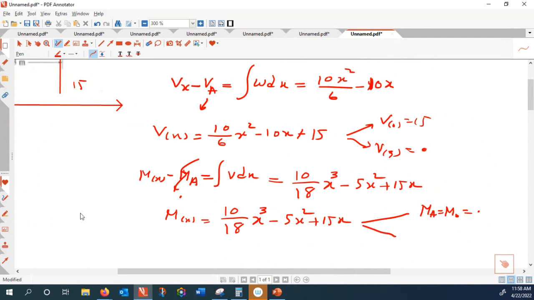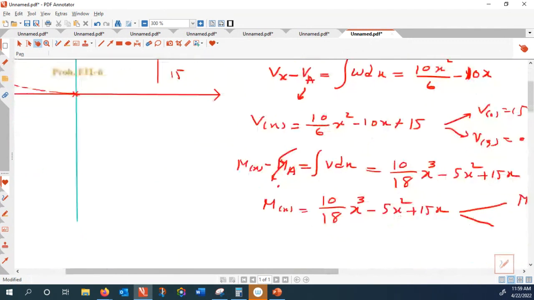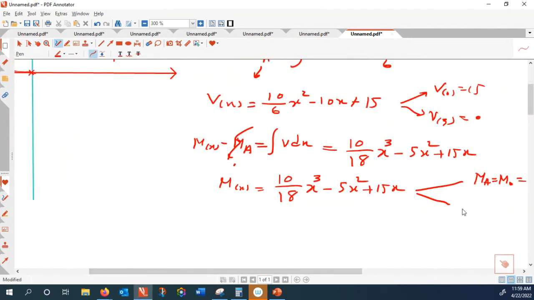And what about m of the middle point, what was it called? C. Yeah. So m of c is m at x equal to 3.